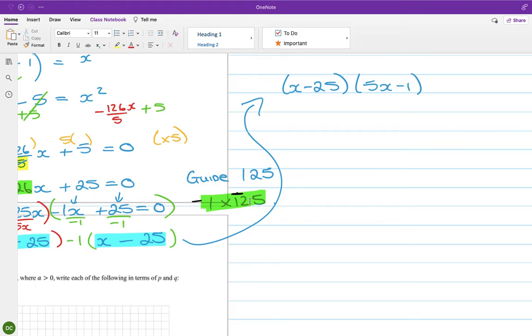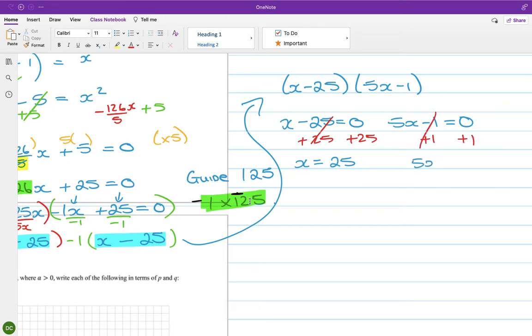Yeah? And then x minus 25 equals 0, 5x minus 1 equals 0, plus the 25 plus the 25. So x equals 25, and then plus the 1 plus the 1. So 5x equals 1, and then divided by 5, and x equals a fifth. Yeah?